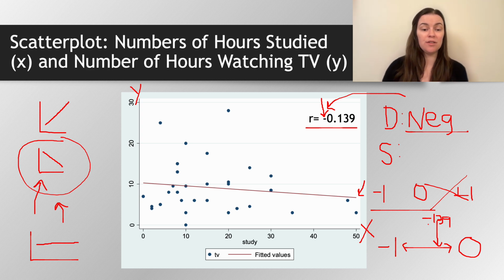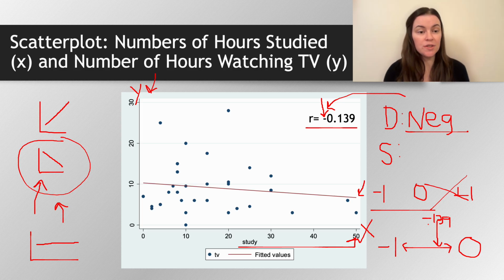And so what this means for us is that the number of hours spent studying per week does not exhibit a strong effect on the overall number of hours spent watching TV per week. So it's not saying that it's a perfect combination in this case, where you could assume that if you're watching a lot of TV, you're also spending a lot of time studying, right?